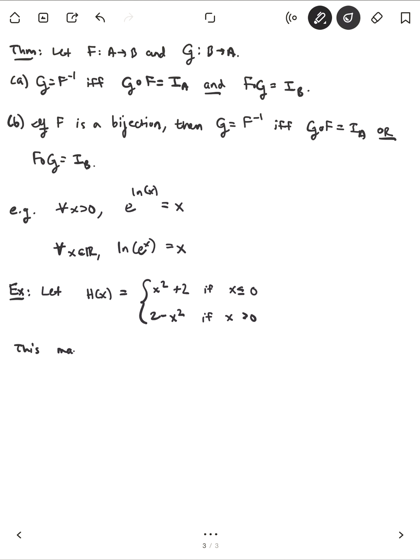This map is a bijection on the real numbers.